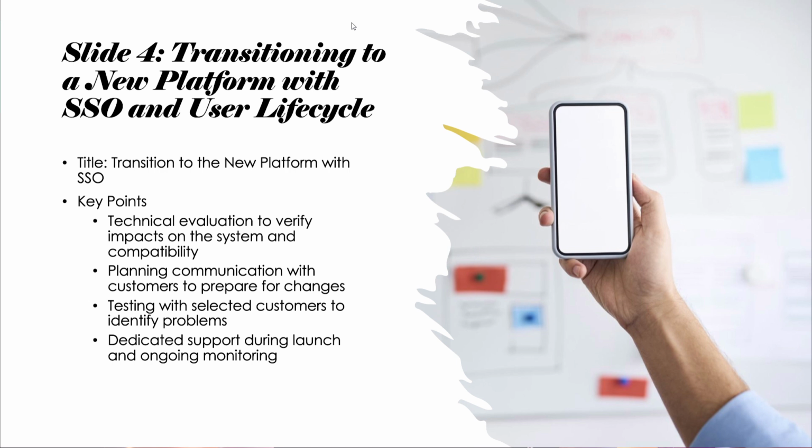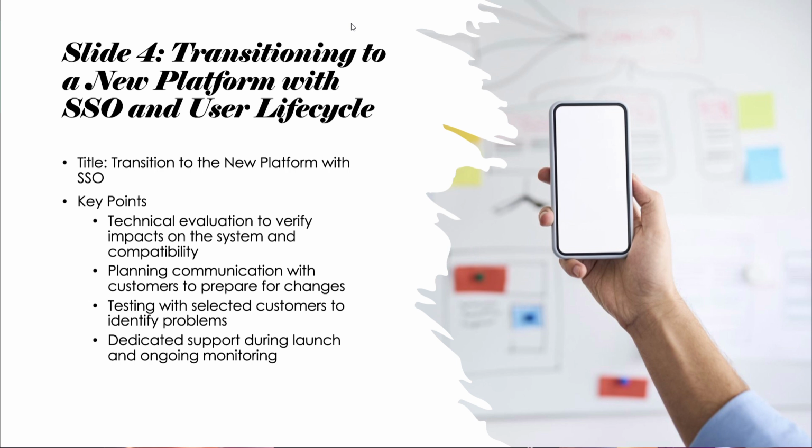So with the second part, which is transitioning to a new platform with SSO and user life cycle, this is where we are going to integrate the process and the support system. So what are we to do?